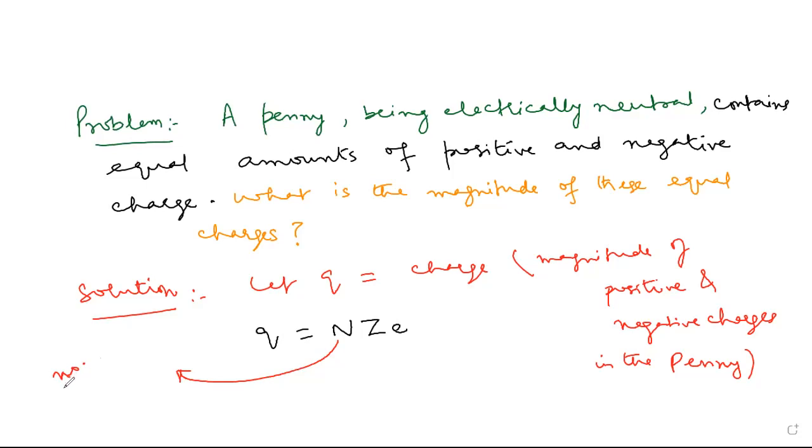When I say everything, that means matter, normal matter. So N is the number of atoms in a penny, right?